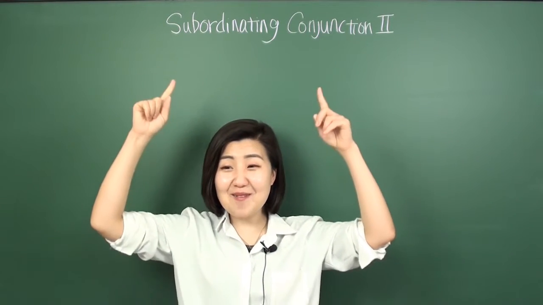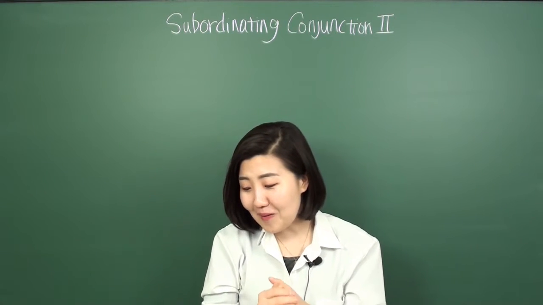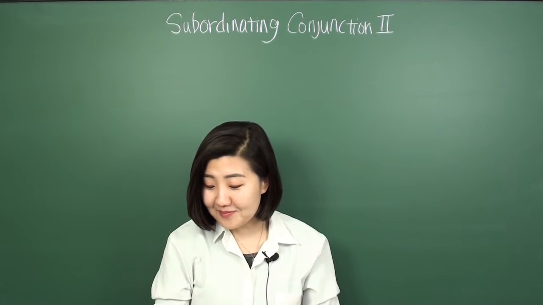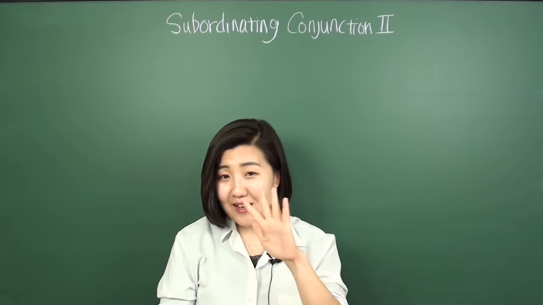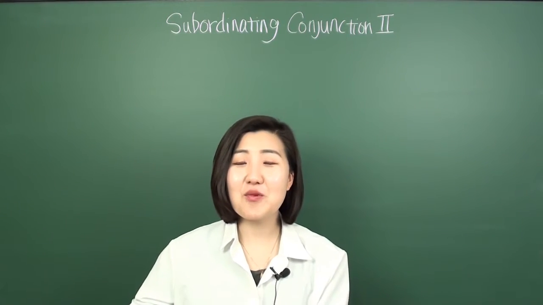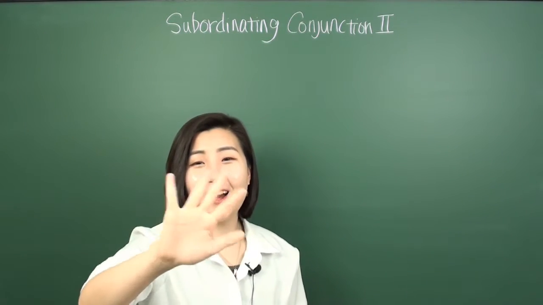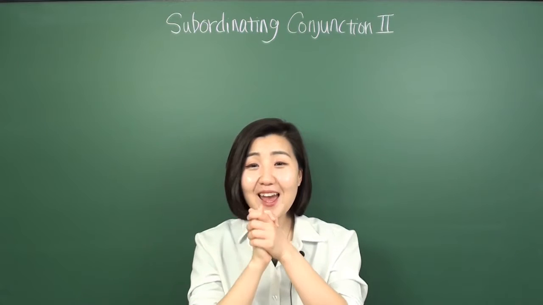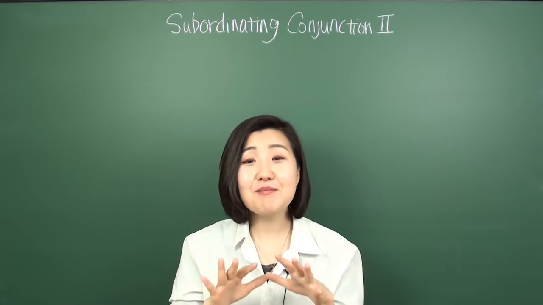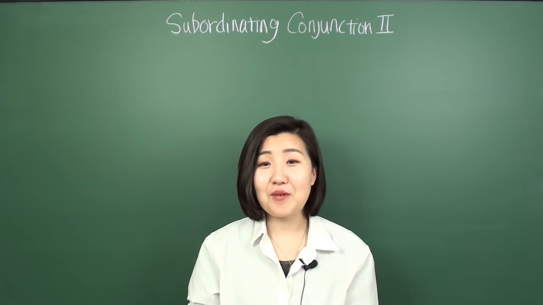So this time is the second part, and we are going to learn, how many do you think? 5. Yeah, but you know all of them before, so it's pretty easy and straightforward.